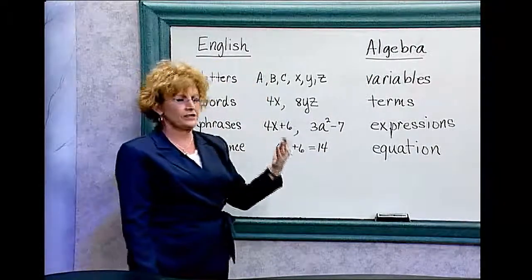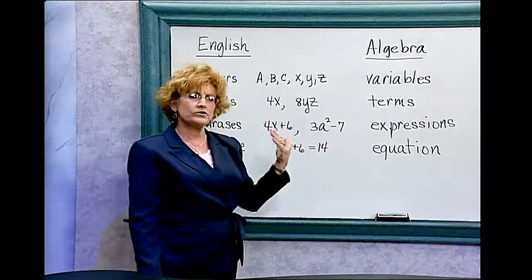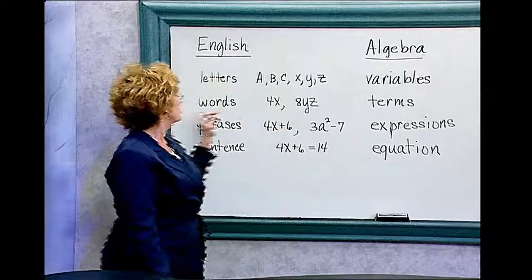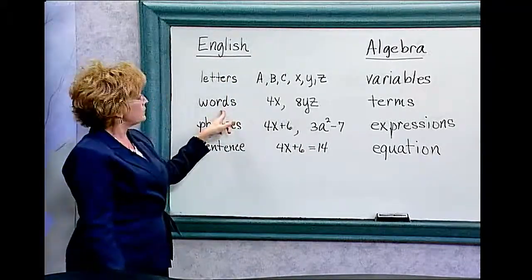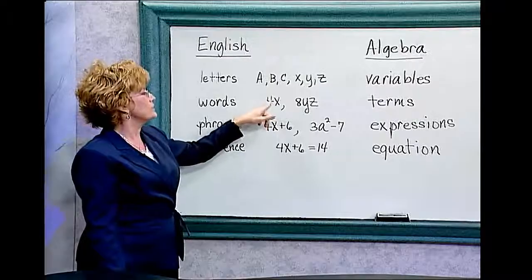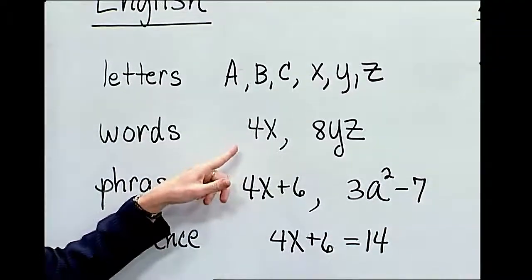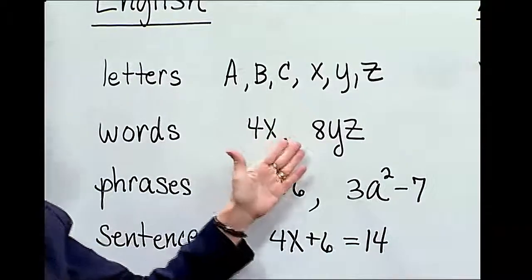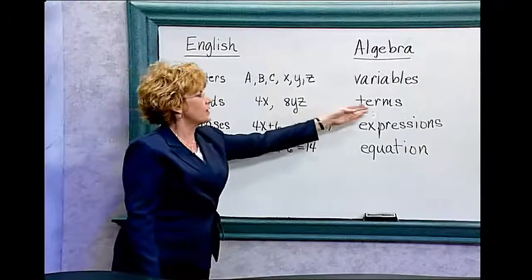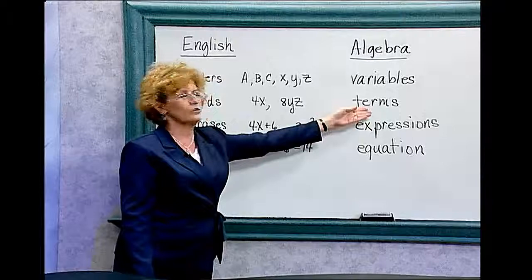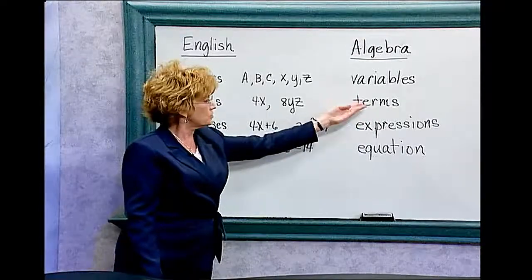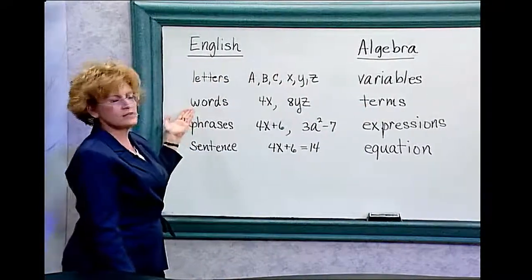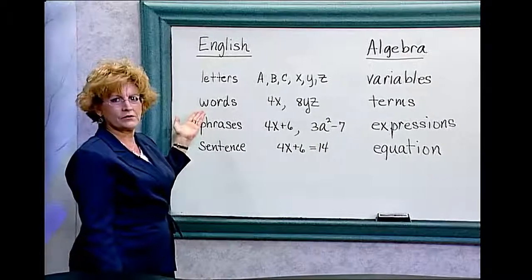When you were learning the English language, you learned to put the letters together to form words. In math, we would put letters and variables and numbers together, like 5x or 8yz, and that would form a term in algebra. The term is the same thing as a word in the English language.